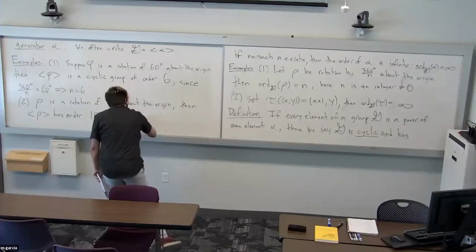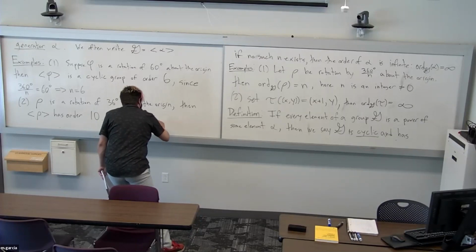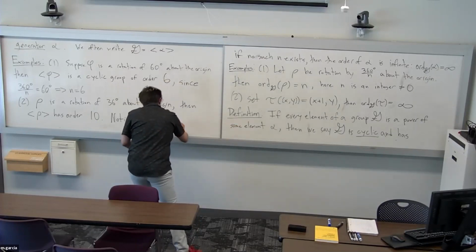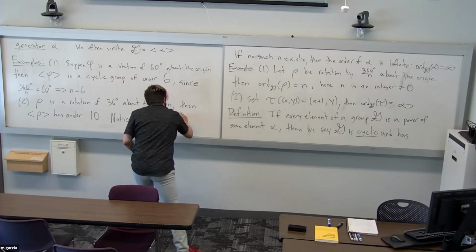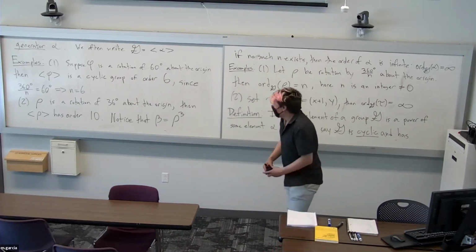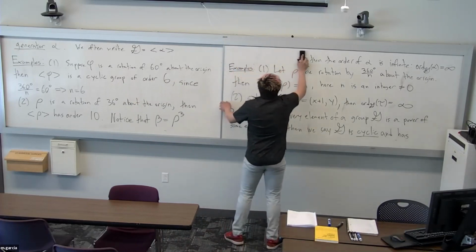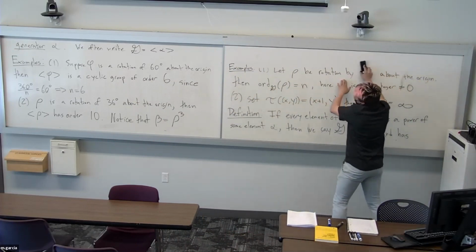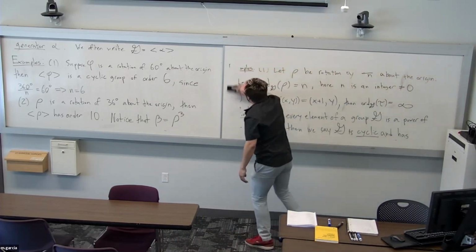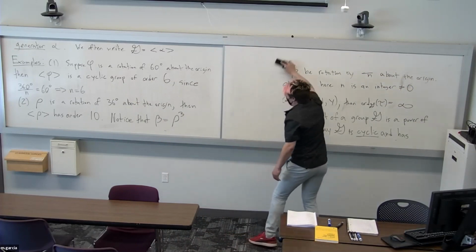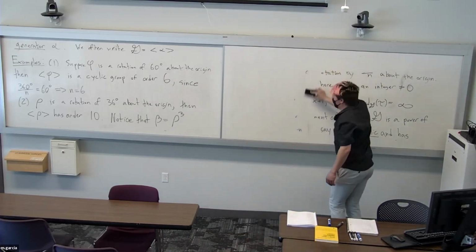Notice that if we set beta equal to rho cubed, okay? So, in other words, somebody explain to me, in terms of the physical geometry, what rho cubed is? 3 rotations.